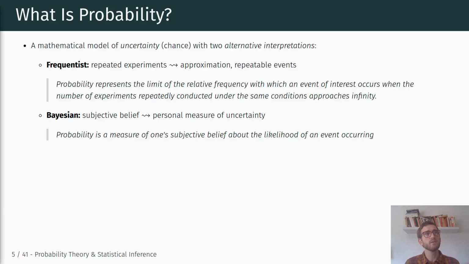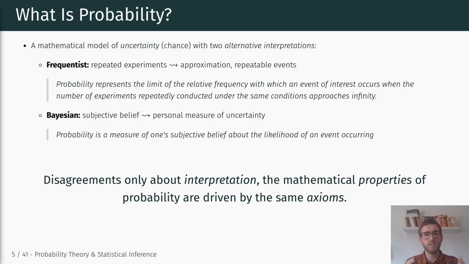So, in other words, it doesn't contradict our ideal of scientific progress because there's still clear rules of how we incorporate prior information. And in other words, two researchers who have the same prior belief and collect the same data would ultimately still end up at the same conclusion based on a Bayesian interpretation of probability. Okay.